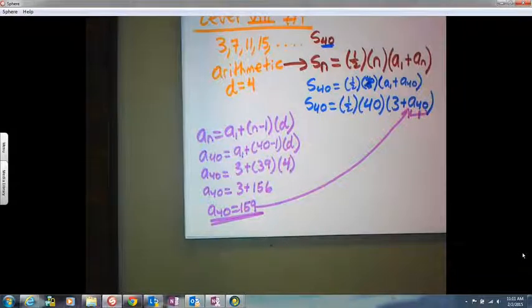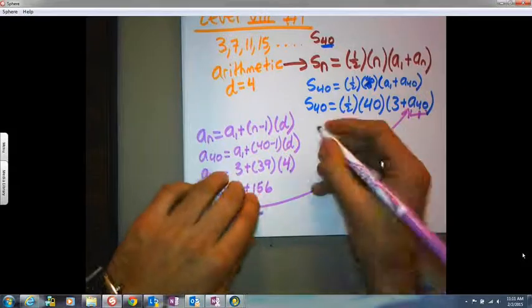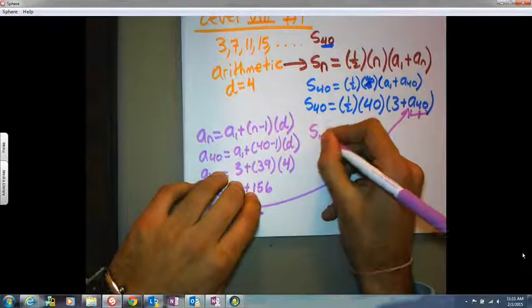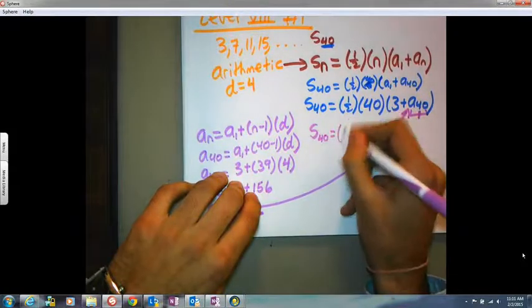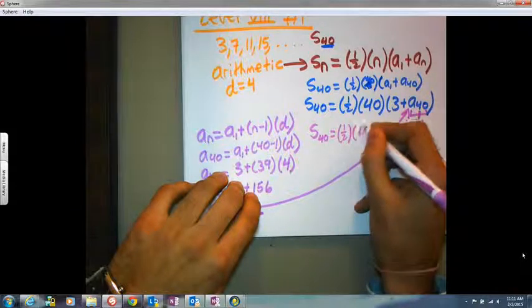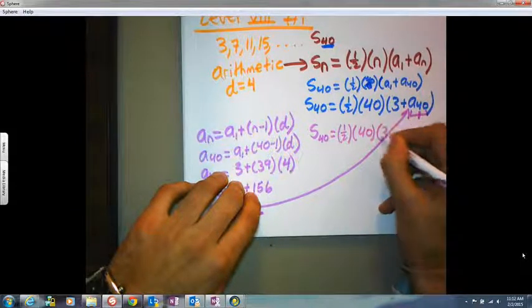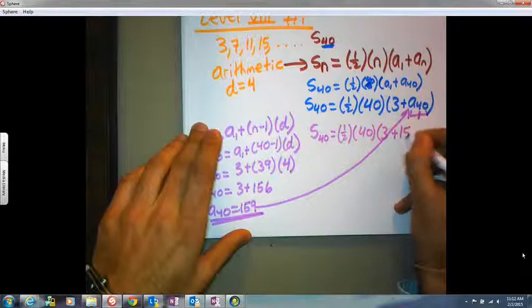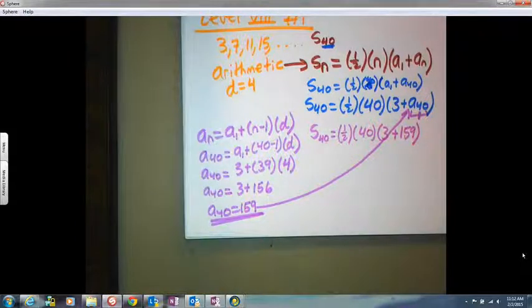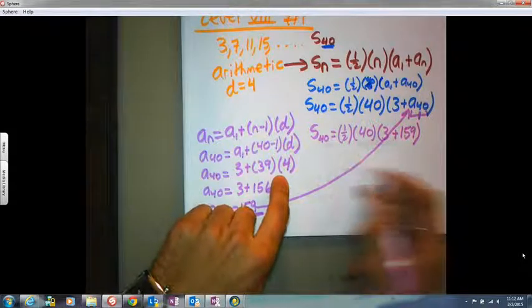Equation and then evaluate the sum. So now we just need to evaluate this.